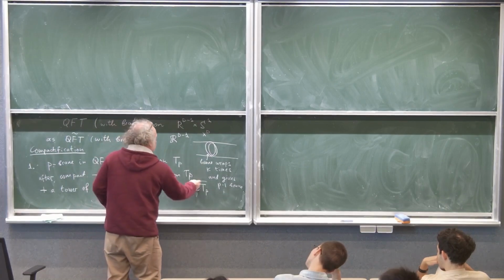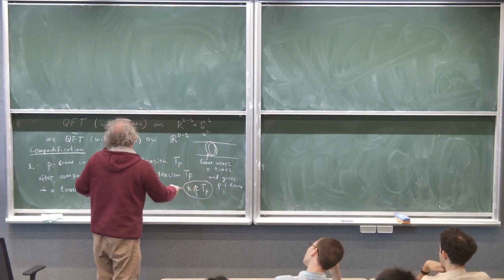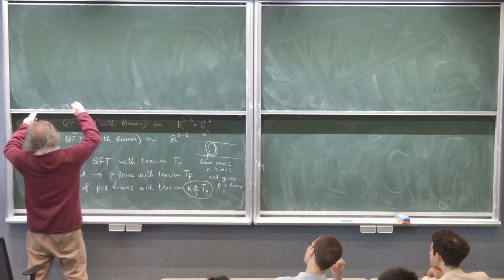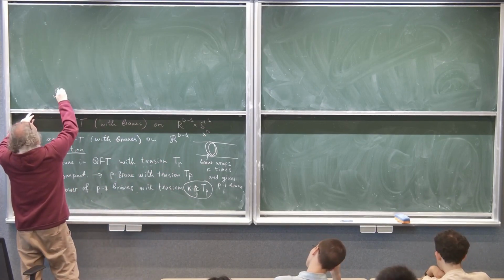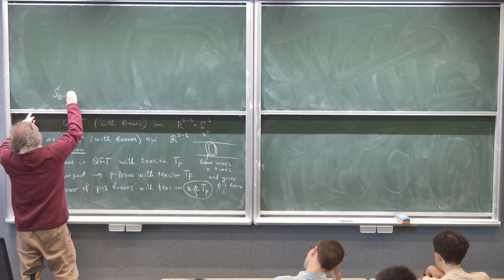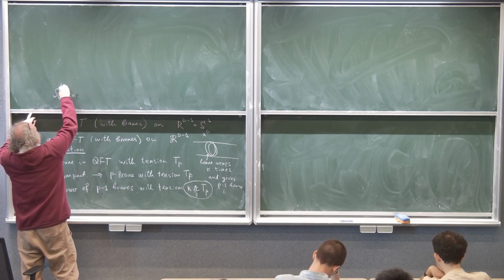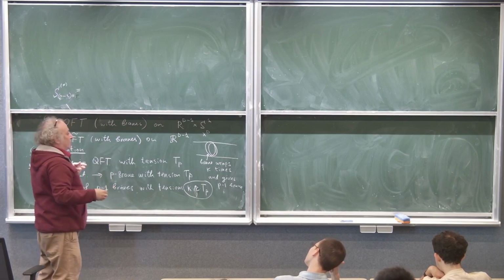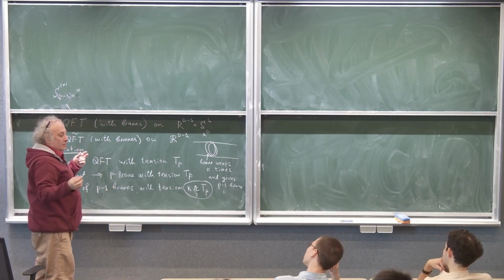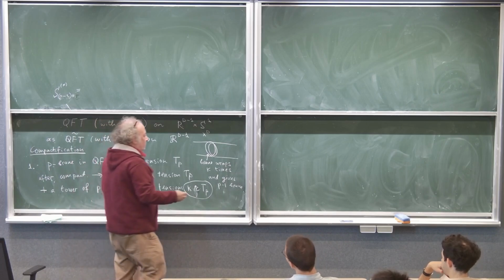Now what is the reason for this formula? The reason is that the action of the (p-1)-brane, I'll call it k-brane, is given by the area.